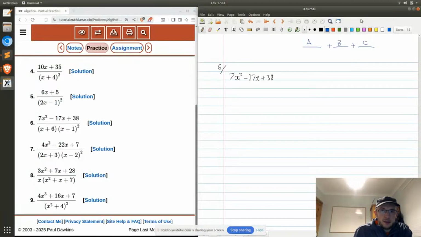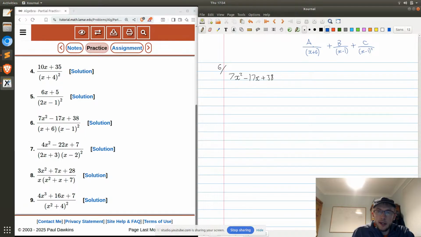But what is going to be in these positions? X minus 1 squared will be there. X minus 1 will be there. And x plus 6 will be there.